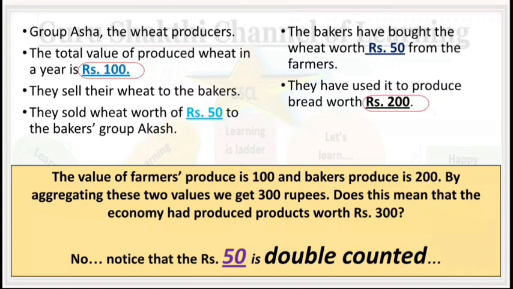But you can notice here that the rupees 50 is double counted. We can eliminate this double counting by subtracting the rupees 50 from 200. This helps us to get the value addition done by the bakers.